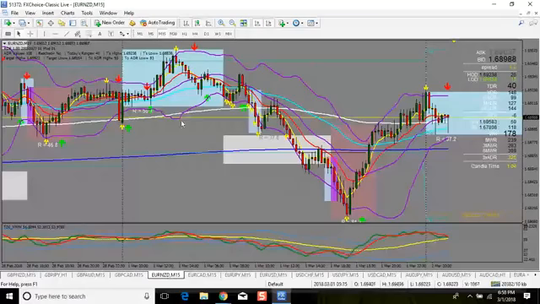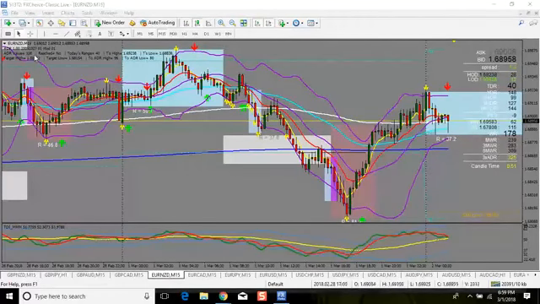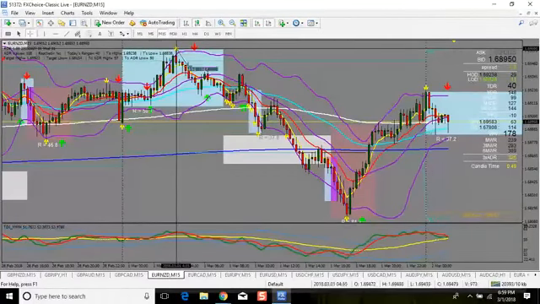Okay, here's where I made my mistake though. It just kept going lower, obviously. Now the average daily range on this was 108 pips at this point, today. So if you take this from the top to the bottom here, it had moved just about 108 pips.